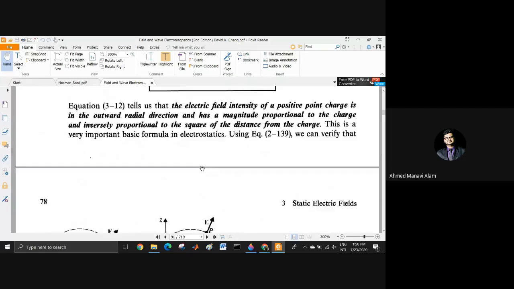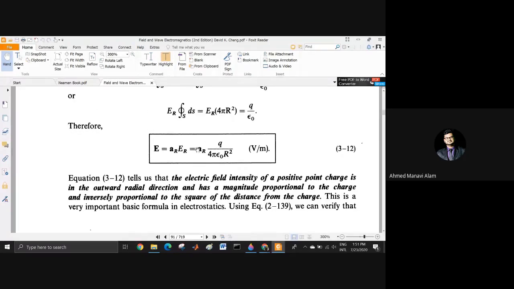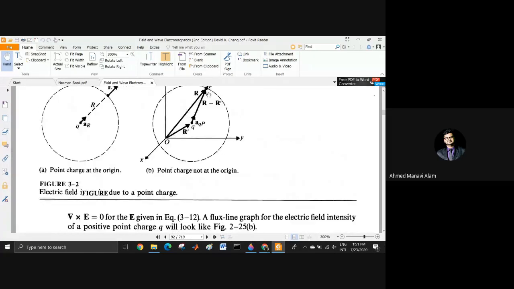The conventional ones are R, theta, phi, AX, AY, AZ. So AQP is a unit vector going from Q to P direction, drawn from Q to P.